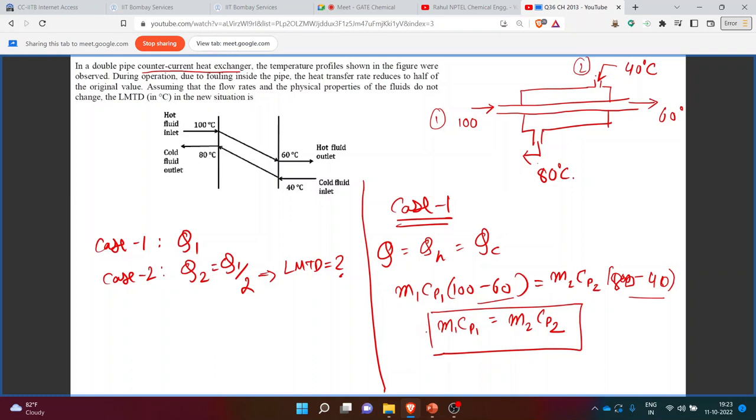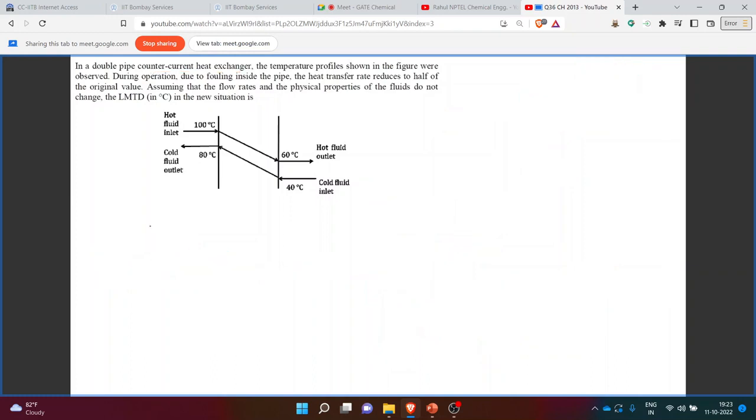Now we will do it for case 2, that is the fouling case. Let's consider the hot fluid outlet temperature to be T1 dash out, and similarly the cold fluid outlet temperature to be T2 dash out.